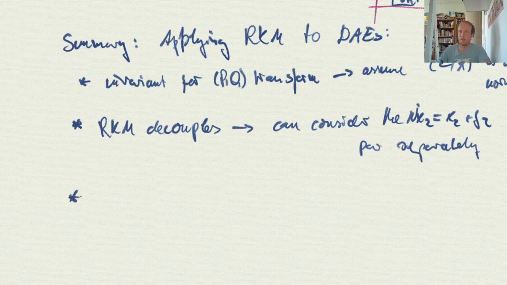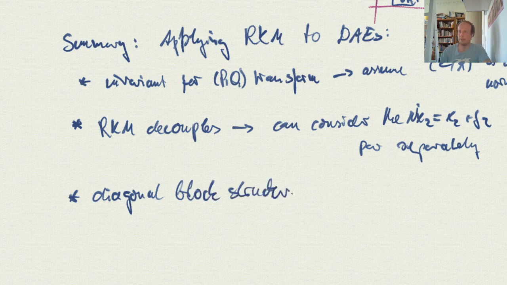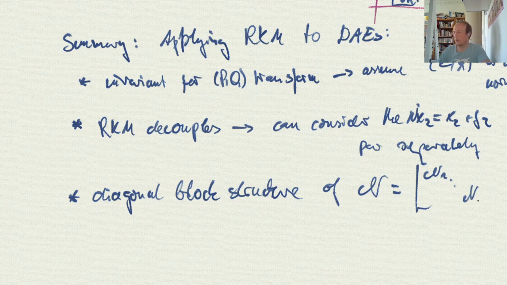And then, the diagonal block structure of this N, which is basically N1 and some other parameter.